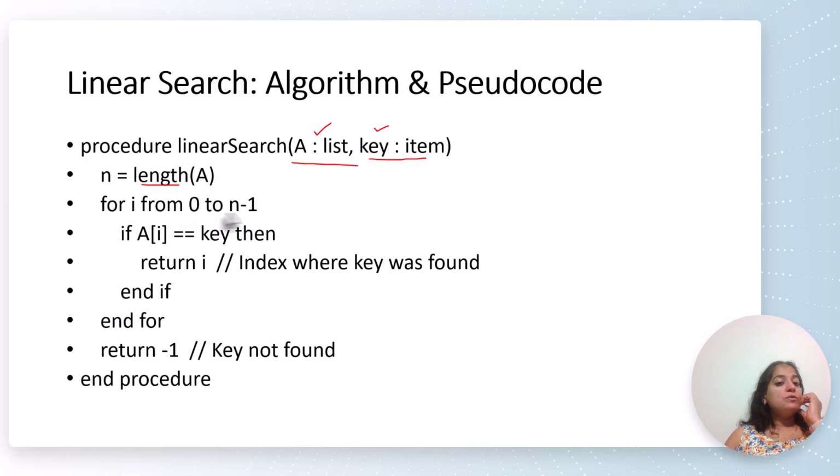Now for i equals 0 to n minus 1, that means we are going to search through the whole array, starting at index 0 going up to n minus 1. If a[i] equals key, we compare the element at every index with the key, and if we find it anywhere, we return the index. And if the element is not found throughout the array, we return minus 1. Minus 1 always indicates element not found.